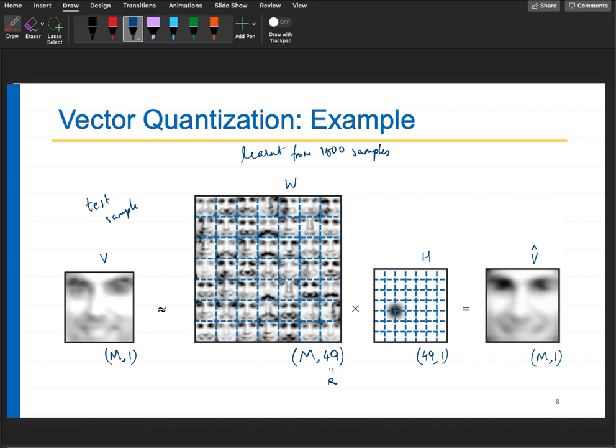Then at a time a single entry is active, so maybe this entry is active, and then you get this. So basically this image will be approximated by this image, which is a good enough approximation, although not perfect.